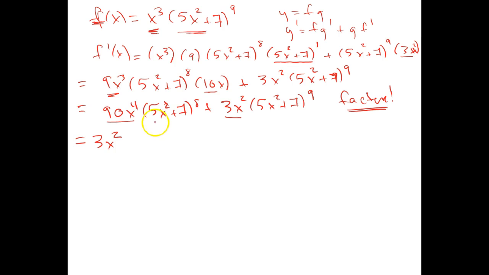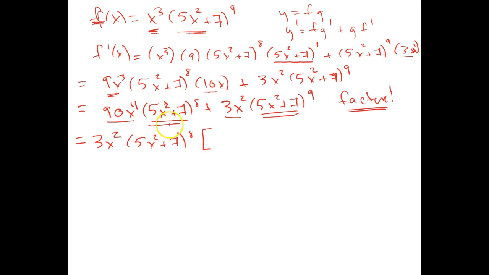I've got (5x squared plus 7) to the power of 8 and (5x squared plus 7) to the power of 9. Both are common, and the power of 8 is the lower exponent. So you take that outside, so you have (5x squared plus 7) to the power of 8, and basically you see what's left inside.